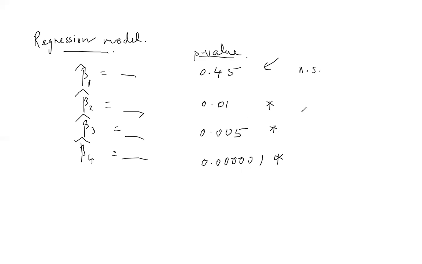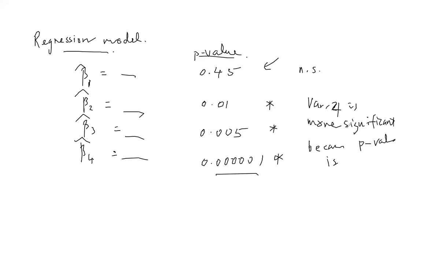But what you should not say is that variable 4, this one, is more significant because its p-value is smallest. You should never say such things.